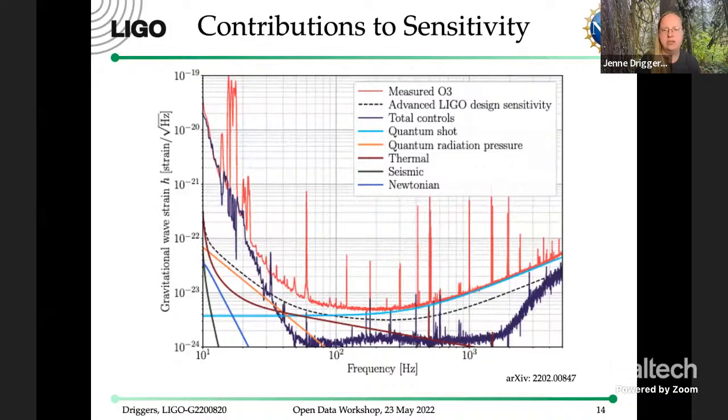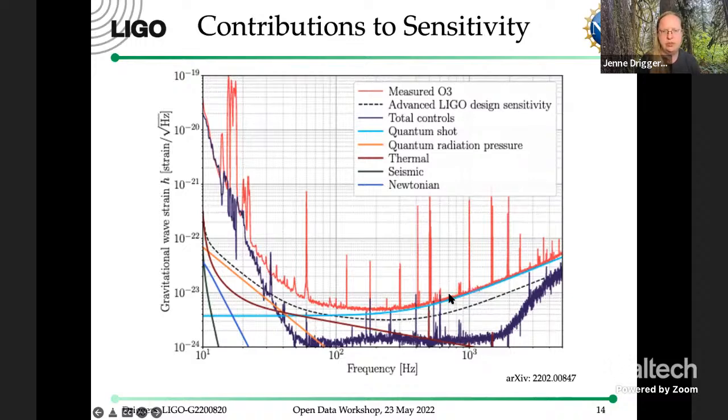And in dashed line, we have what we think that we should be able to achieve once we are completely done with our next several years of installation of hardware and software and other technologies. Importantly, this includes much higher laser powers than we have had in the past.